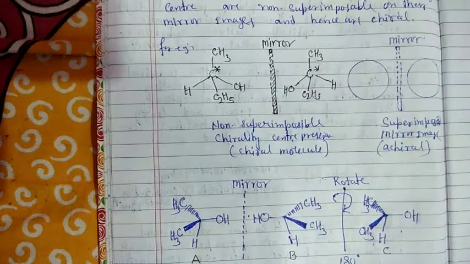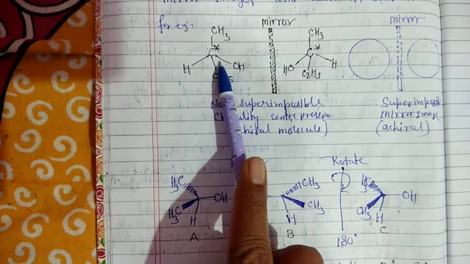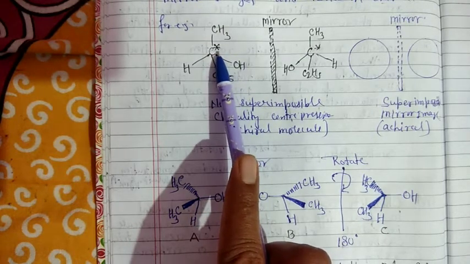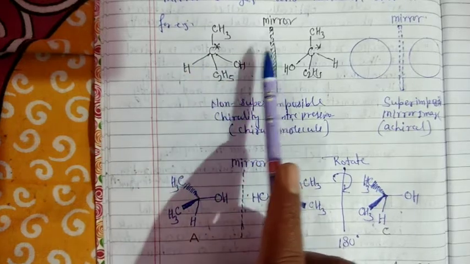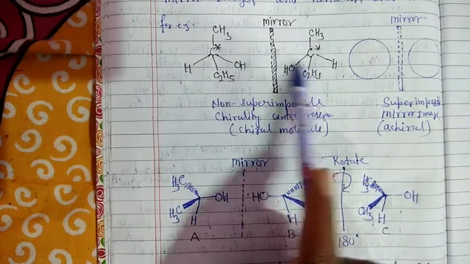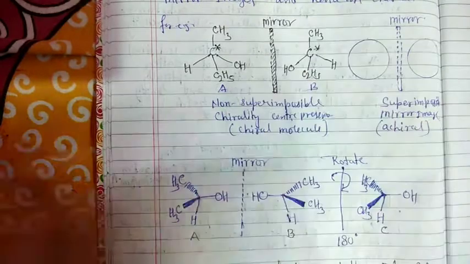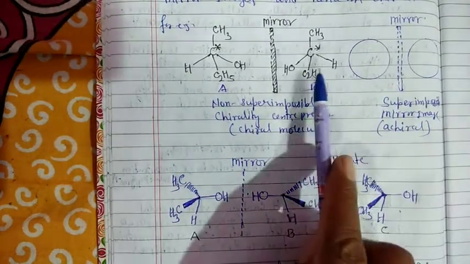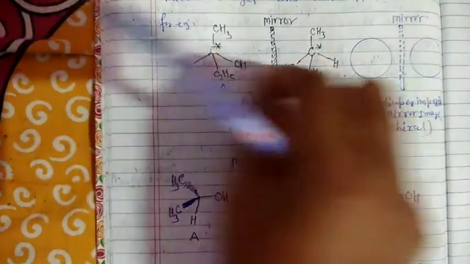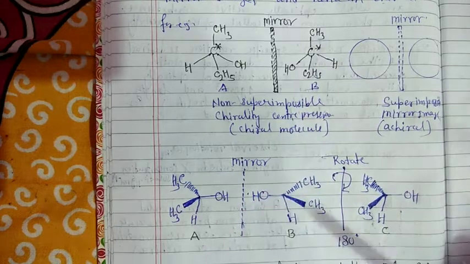Let us now see the examples. Butan-2-ol: this carbon atom is asymmetric. If we put a mirror here, this is the image of butan-2-ol, A and B. B is the mirror image of A. But if we put one above the other, they are not superimposable.